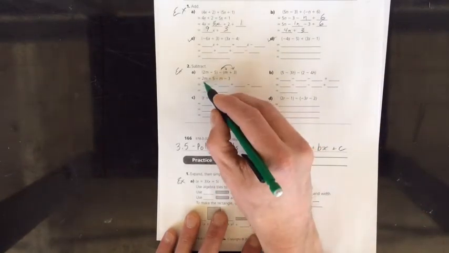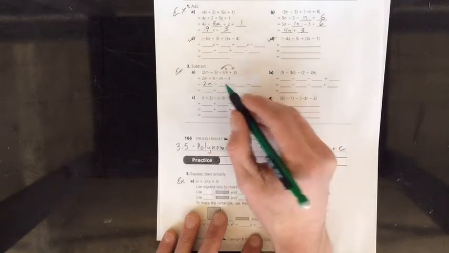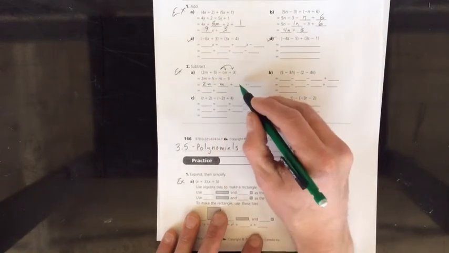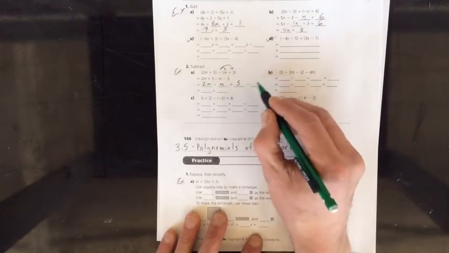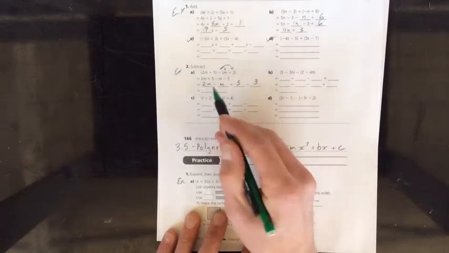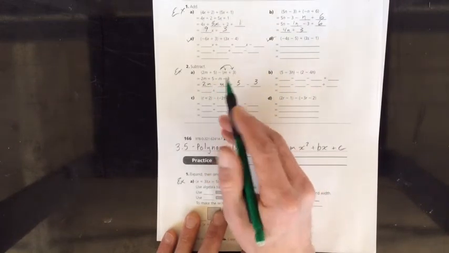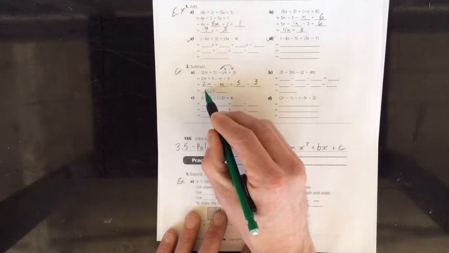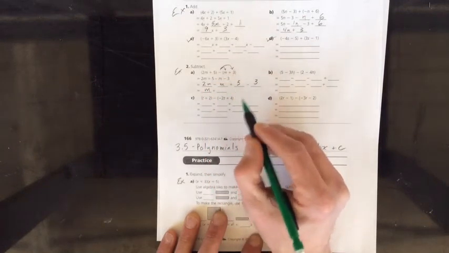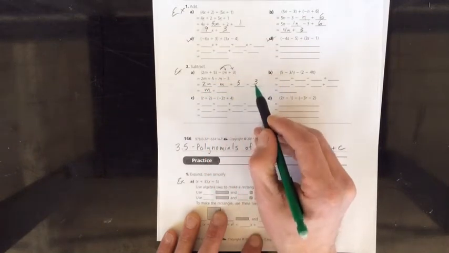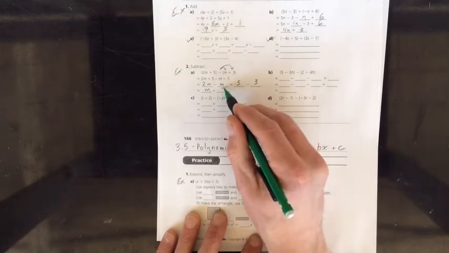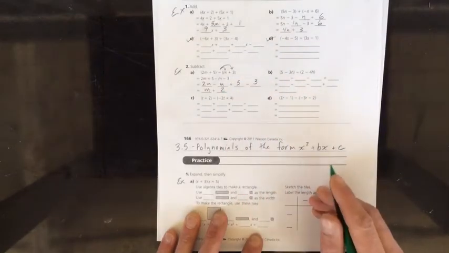I will then organize my like terms. 2m minus m, 5 minus 3. 2m and negative m is a positive m. 5 plus negative 3 is 2. And there's my answer.